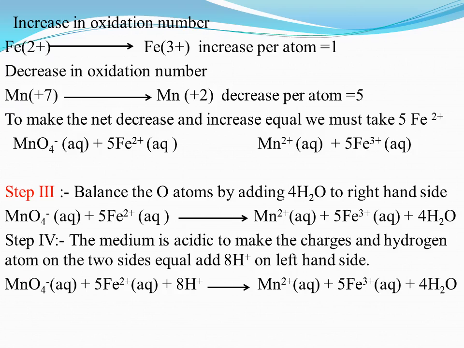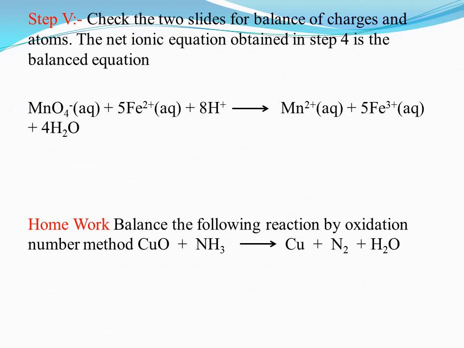MnO4- + 5Fe2+ + 8H+ gives Mn2+ + 5Fe3+ + 4H2O. In step 5, check the two sides for balance of charges and atoms. The net ionic equation obtained in step 4 is the balanced equation. See the equation on the screen.